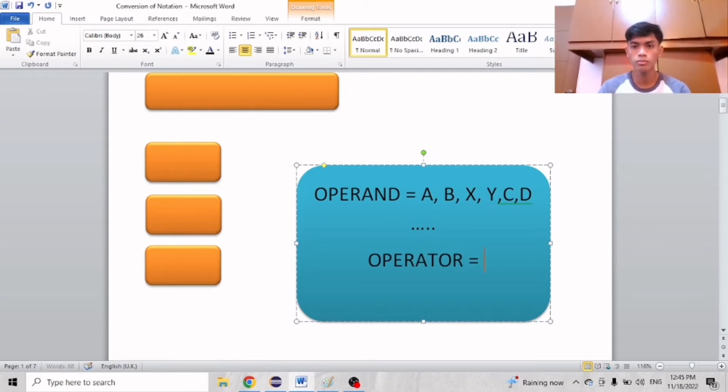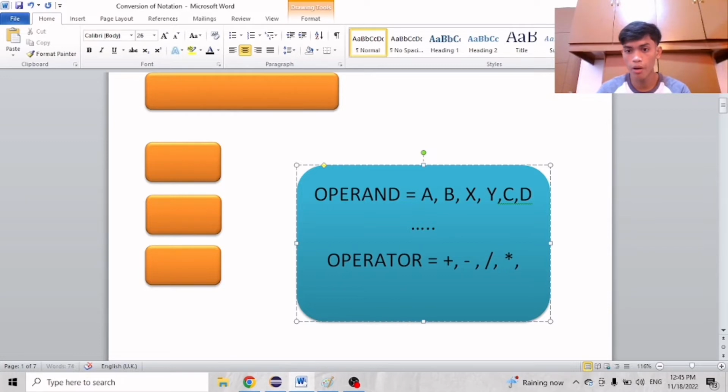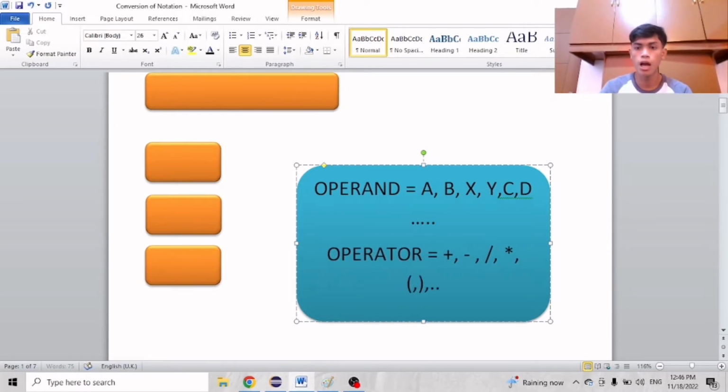An operator is nothing but something that does some operation, like plus, minus, division, multiplication or star, bracket, and everything that comes from operators.